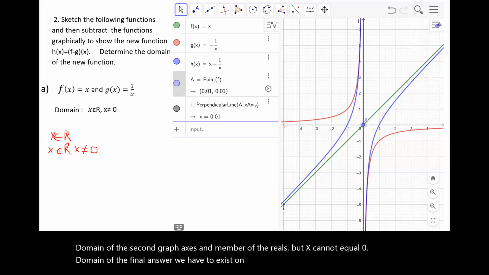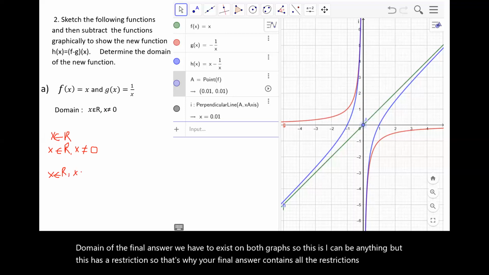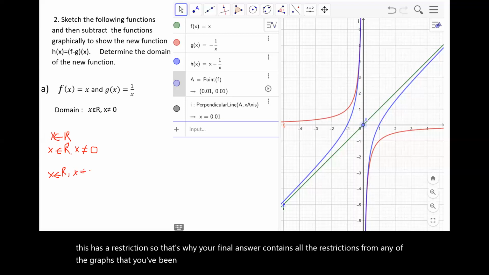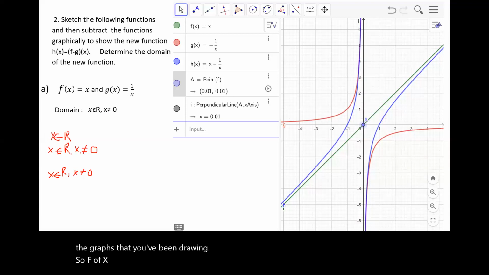So this says I can be anything, but this has a restriction. So that's why your final answer contains all the restrictions from any of the graphs that you've been drawing. So f of x, anything, g of x, anything but 0. The subtraction of the two graphs then has to include all restrictions.